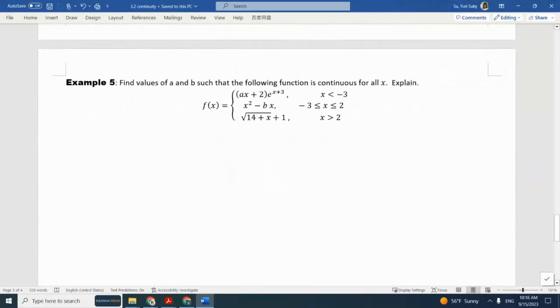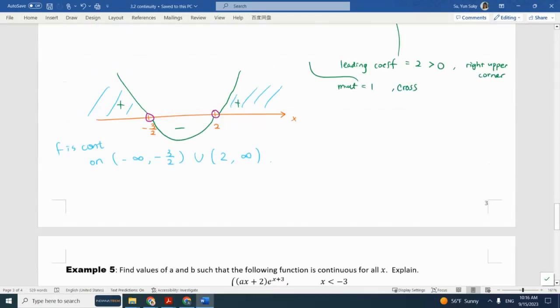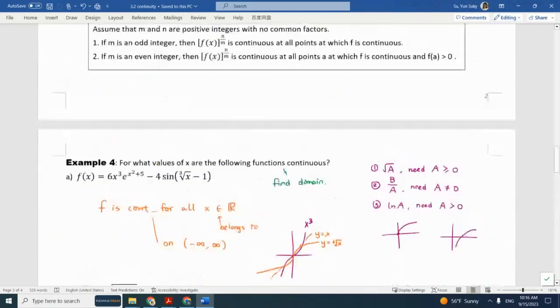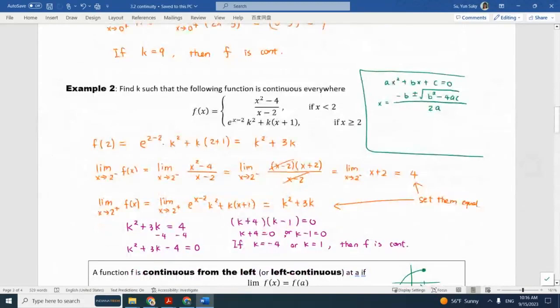Last problem in this session. Find the values of a and b such that the following function is continuous for all x. Do you remember last time we did this problem? We only had two pieces and we only had one parameter k.